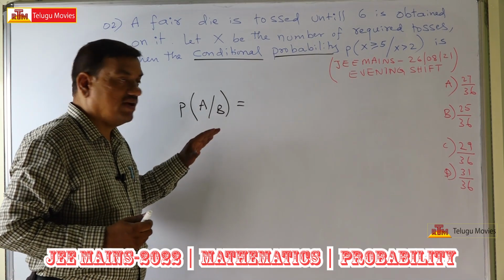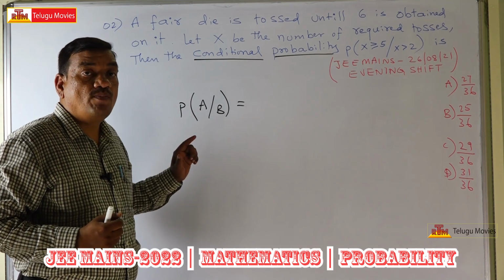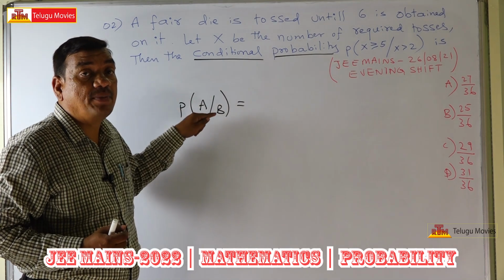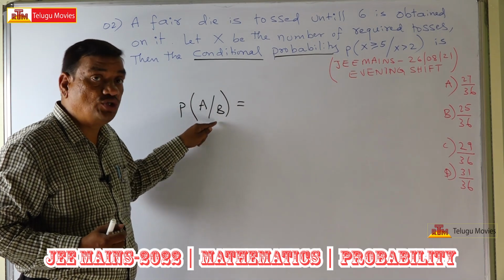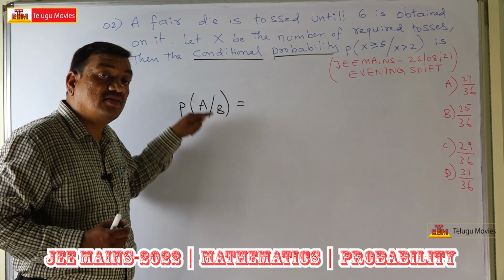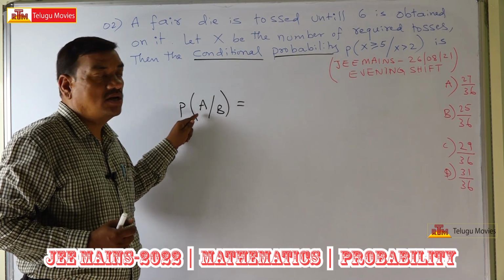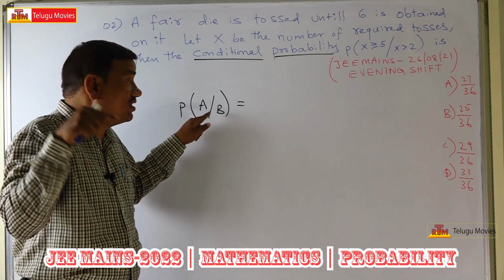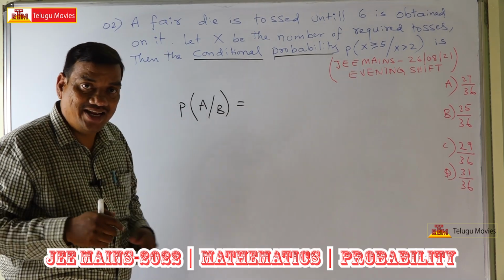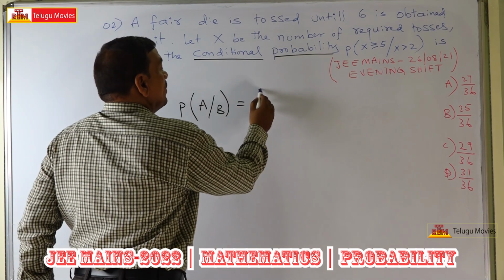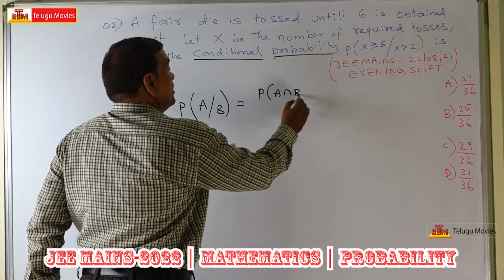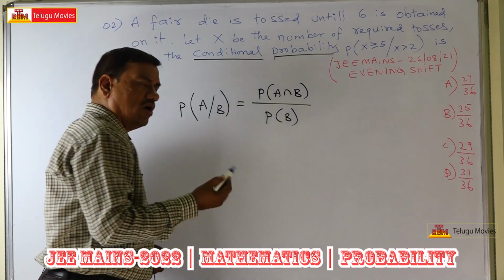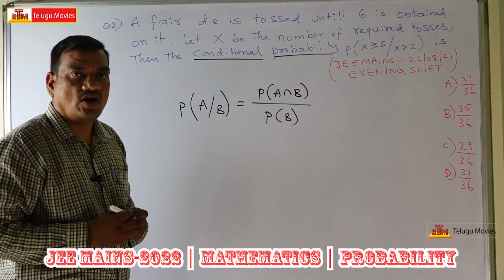Probability of A given B. That means the probability of happening of A after the happening of B. That means first B should happen, after that A should happen. The probability of happening of A after the happening of B is given by the formula probability of A intersection B upon probability of B.